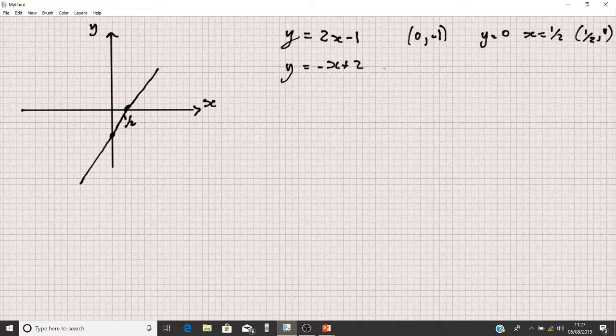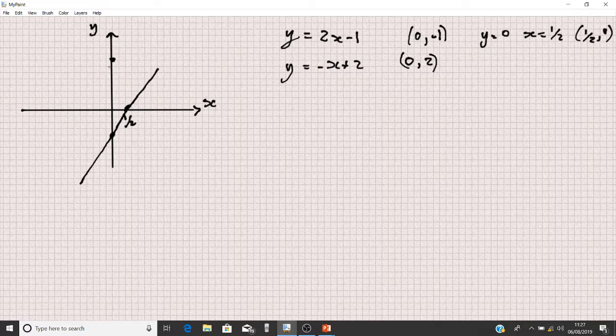Let's look at the second line now. When x is 0, y is positive 2. So that's the y-intercept on the second line. That's negative 1, so positive 1, positive 2 is up here somewhere.